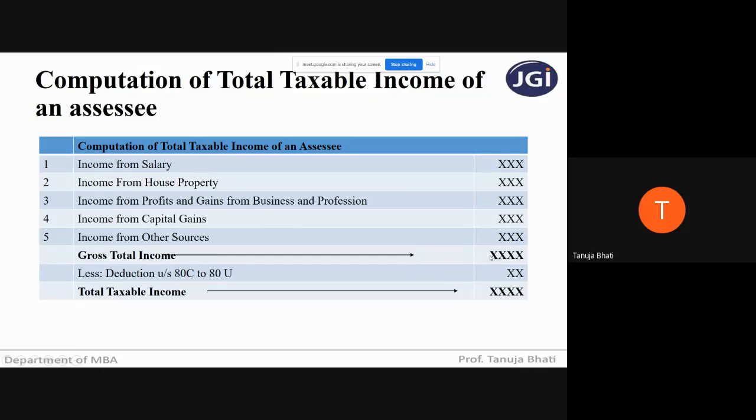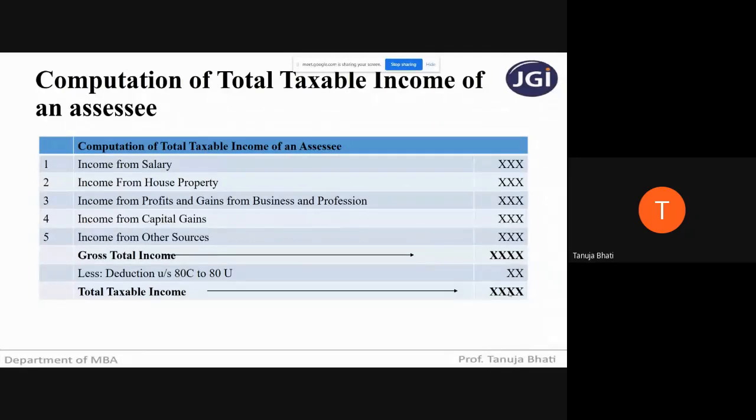So when you deduct these deductions from the gross total income, you get total taxable income. And on this total taxable income, you calculate the tax. If it is an individual, we know the different individual slab rates, which we have seen in module number 1. So we apply the tax rates to this total taxable income, and thus we get to know the tax liability of an individual.